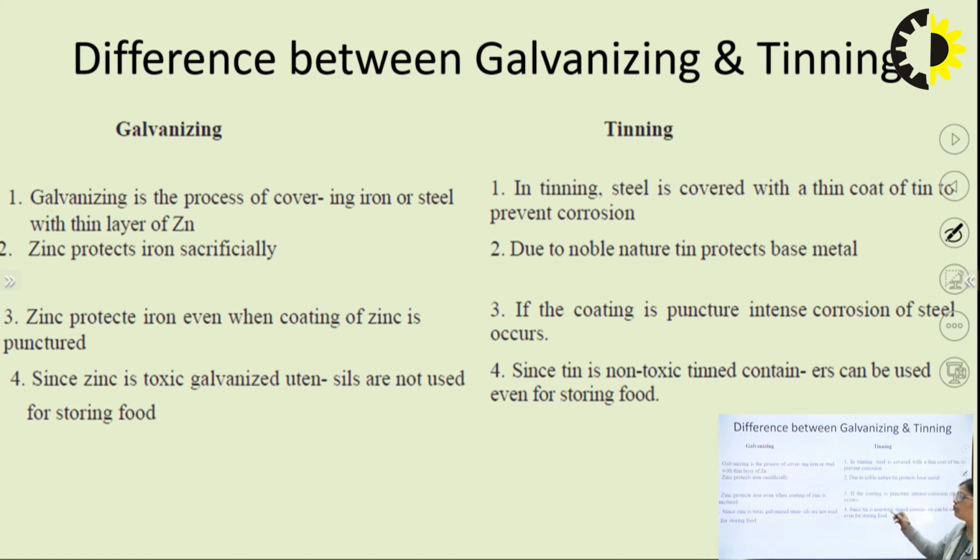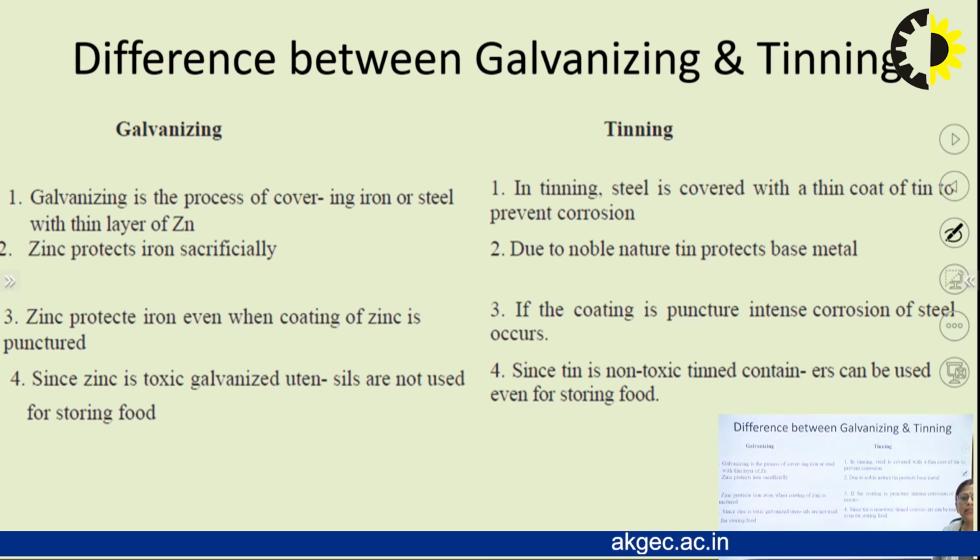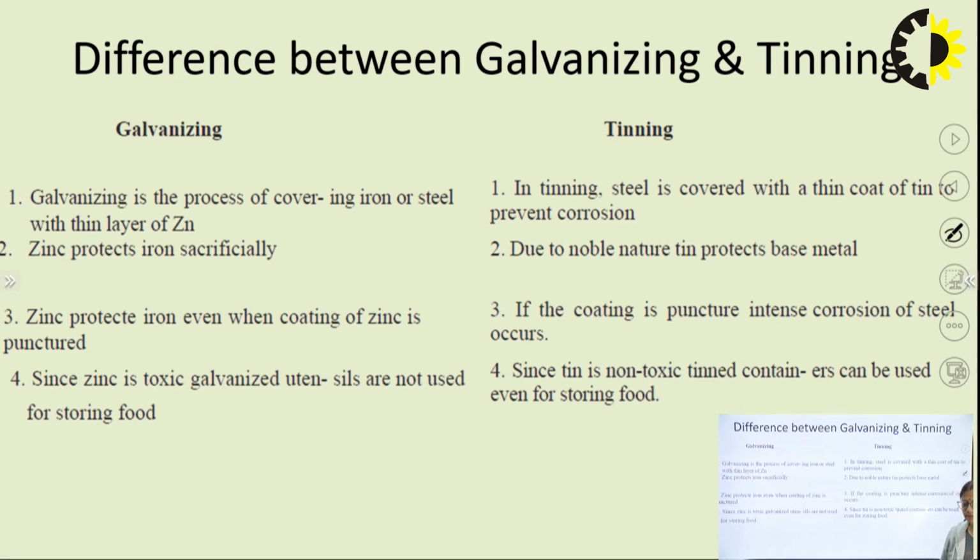But if the coating of tin is punctured or broken down, then we cannot protect our metal from getting corroded. Since zinc is toxic, we cannot utilize this type of coating in the case of utensils. But tin, since it is non-toxic, we can utilize it in containers even for storing food material.